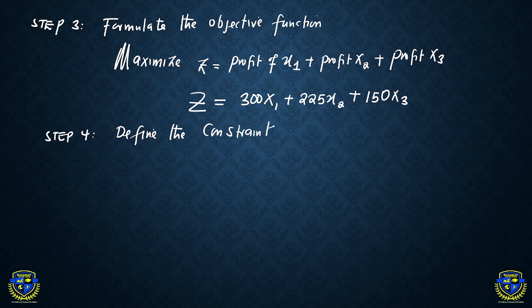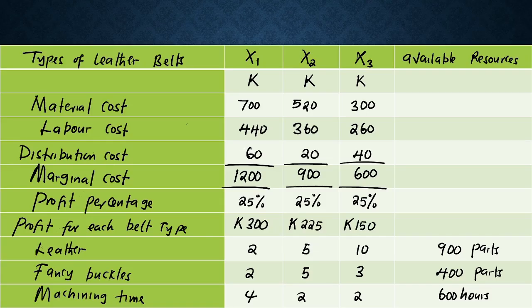So our constraints here, these are variable resources. For leather, we need to come up with our constraints for leather parts, of which we can see that there are 2 for X sub 1, 5 for X sub 2, and 10 for X sub 3, which is supposed to be less than or equal to 900.